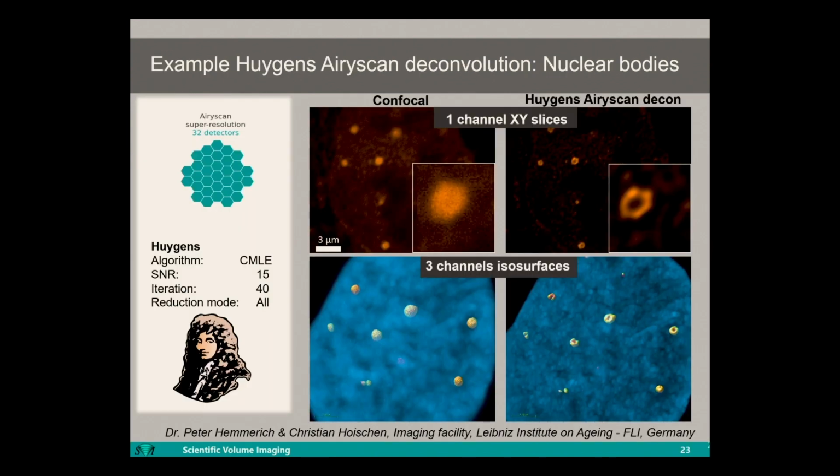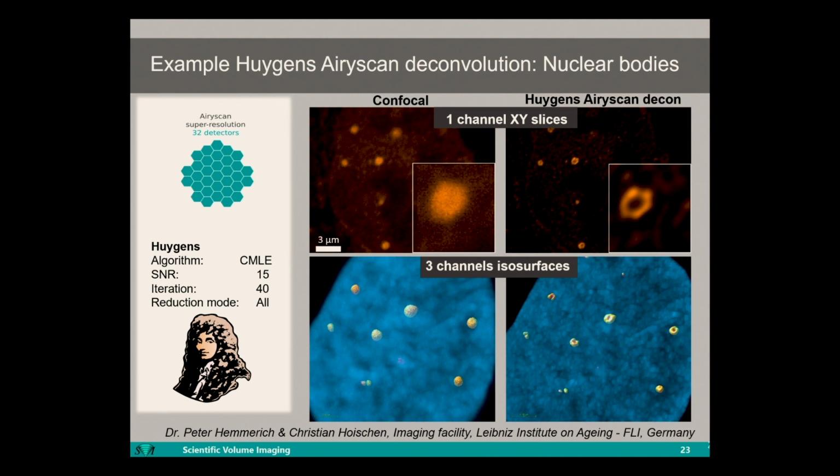Then a nice example of the Huygens Airyscan deconvolution. Peter Hemmerich and Christian Huygen imaged nuclear bodies, and we show here an example of that. This was an Airyscan data set from 32 detectors.